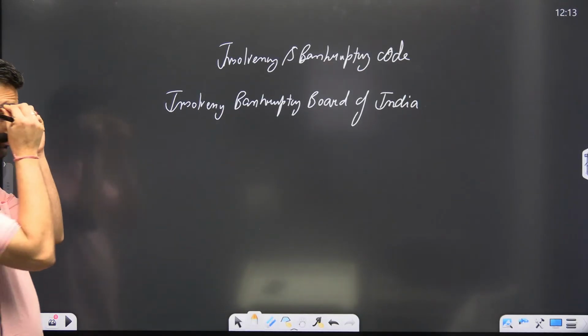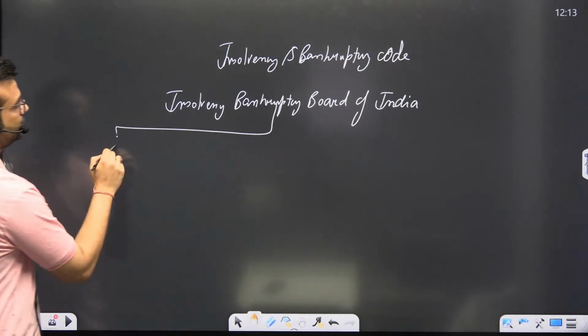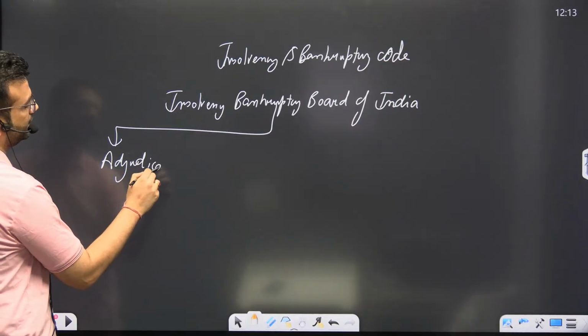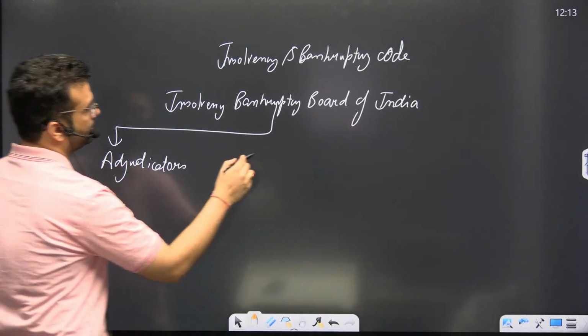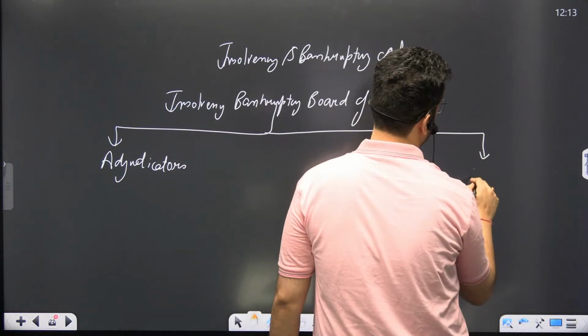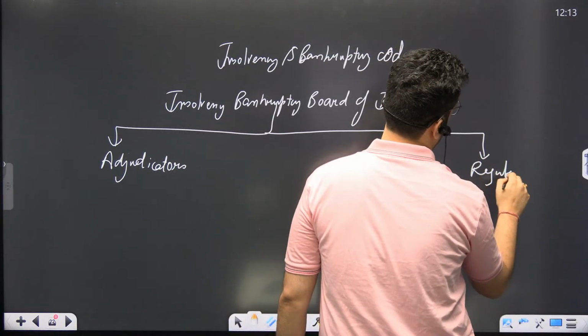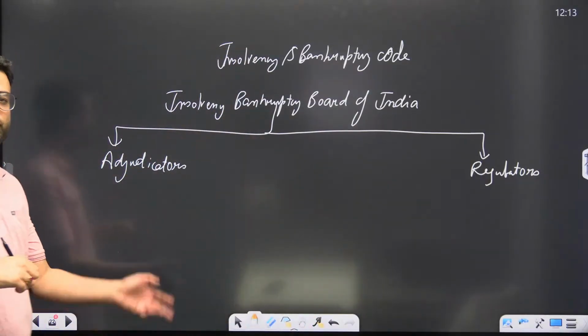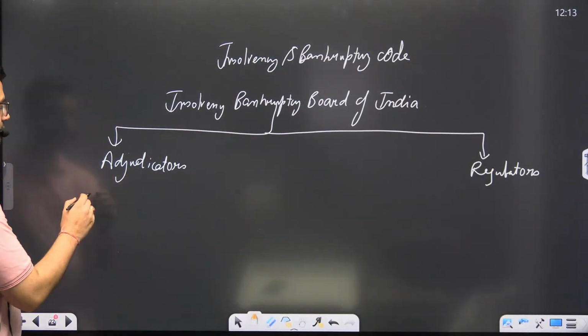Now we have two things here: adjudicators and regulators. If we talk about adjudicators, we have two here.